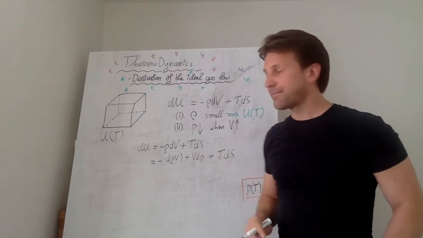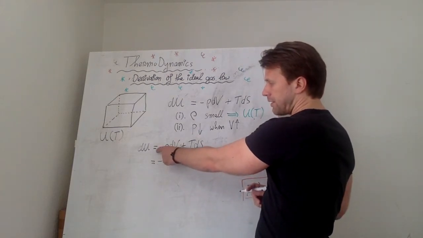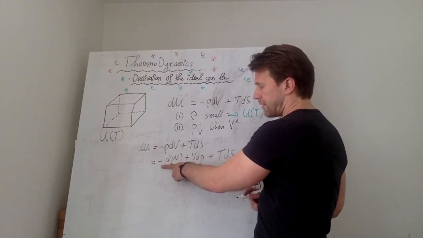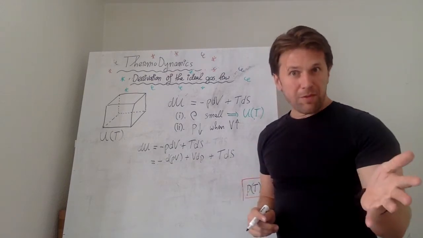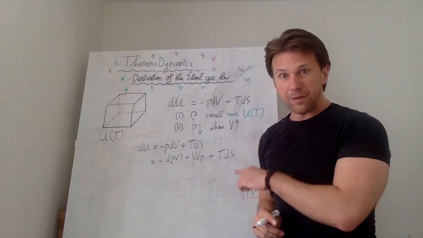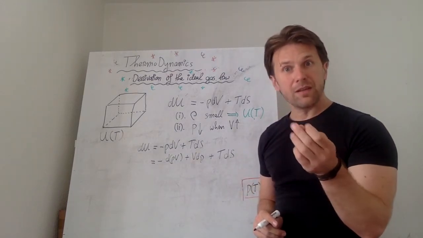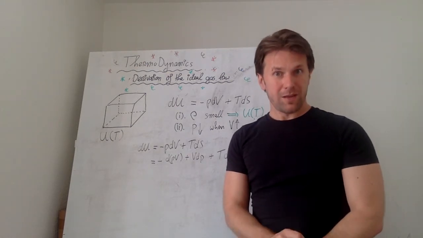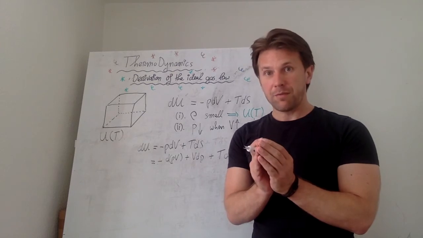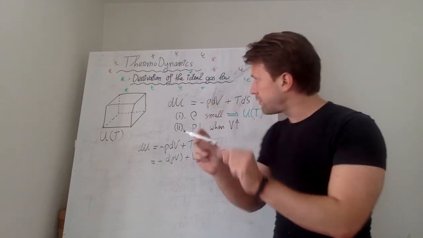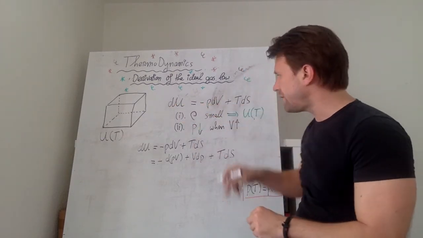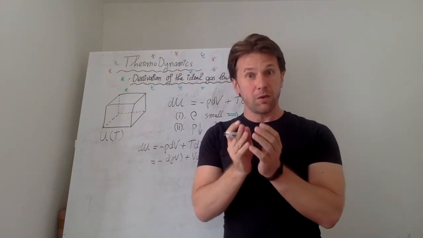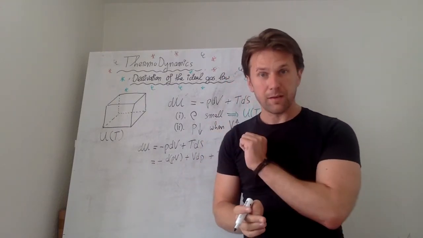Now what did I do? I replaced this part with that part. That's the same thing. It's mathematically the same. No physics was done in that step, it's just mathematics. How did I know that? Well, I used the product rule of differentiation. Remember that I made a comment before that if we work in the limit of extremely small dU, dV and dS's, my rules of differentiation hold here.